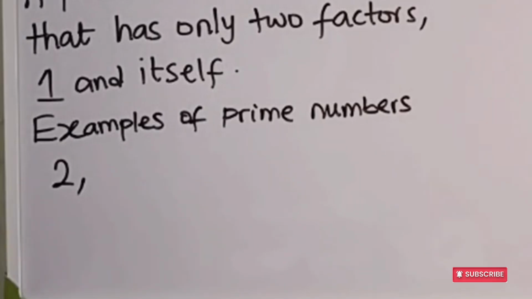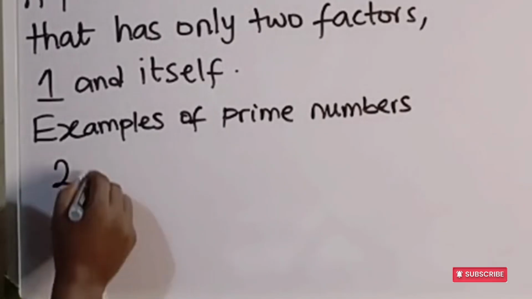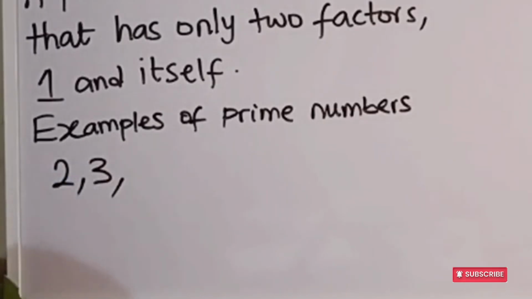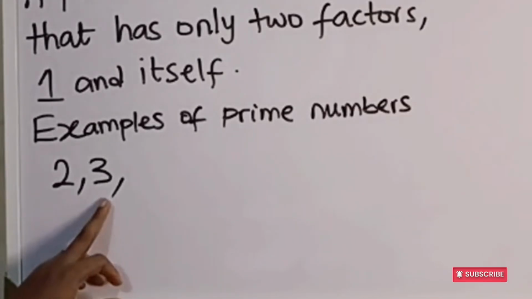So 2 has two factors. The next prime number is 3. 3 can only be divided by two numbers that will not produce a remainder. 3 divided by 1 is 3, and there will be no remainder. 3 divided by 2 is going to give you a remainder, right? But 3 divided by 3 is 1. So the factors of 3 are 1 and 3. So it qualifies to be called a prime number.